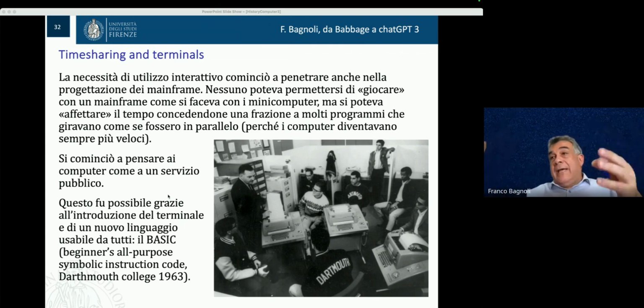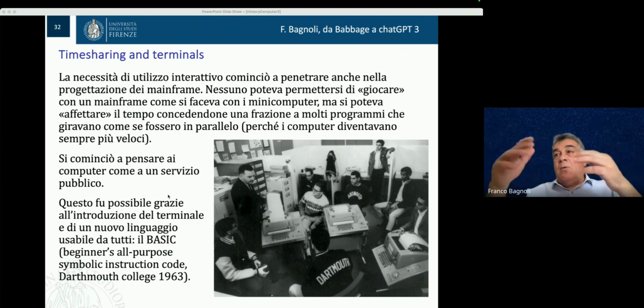So I want, like we do now, I want to play, I want to learn, I want to launch a program. Instead of buying a computer or renting a computer, I can just rent computer time.